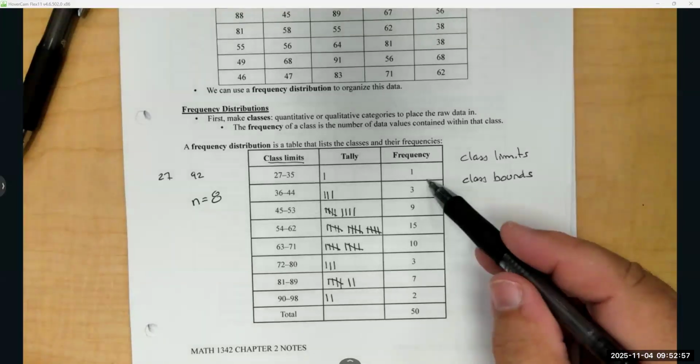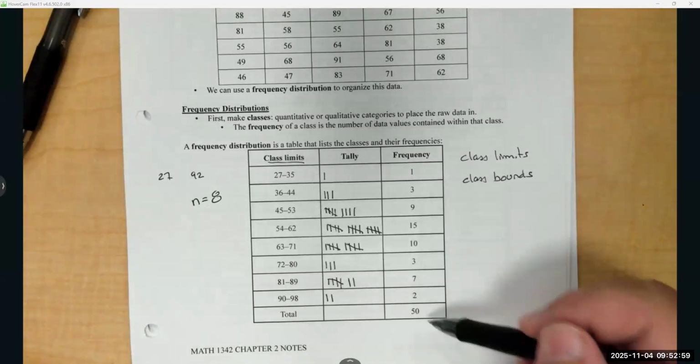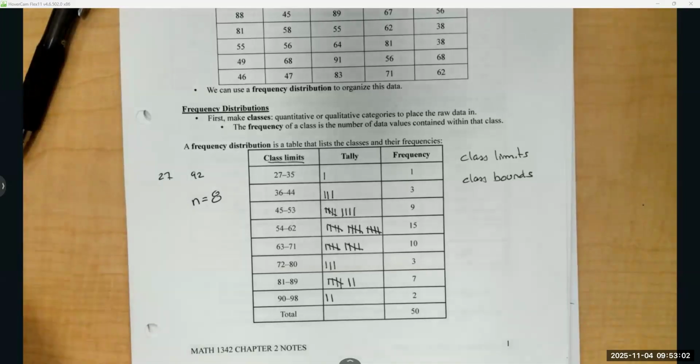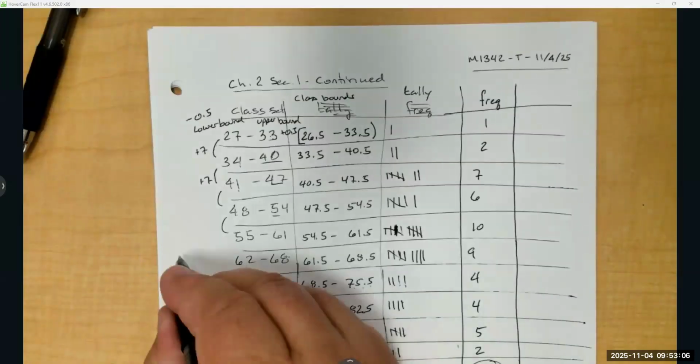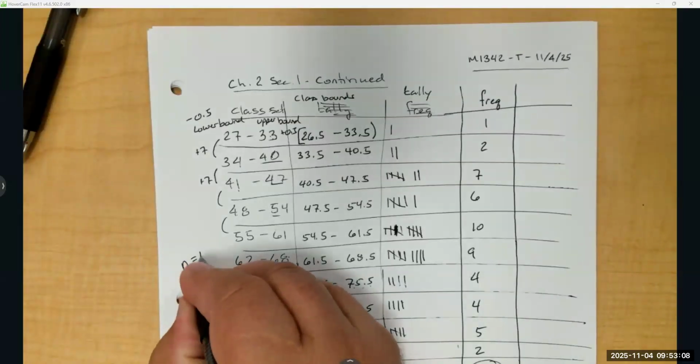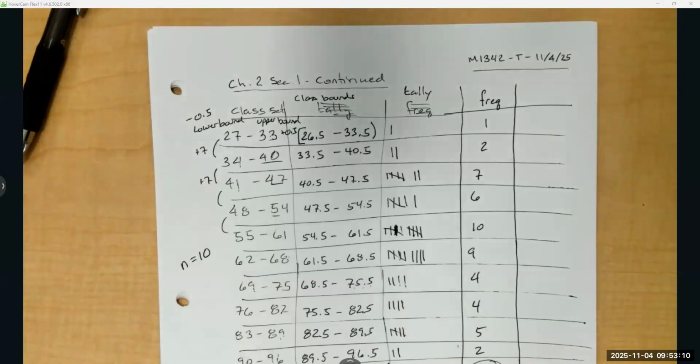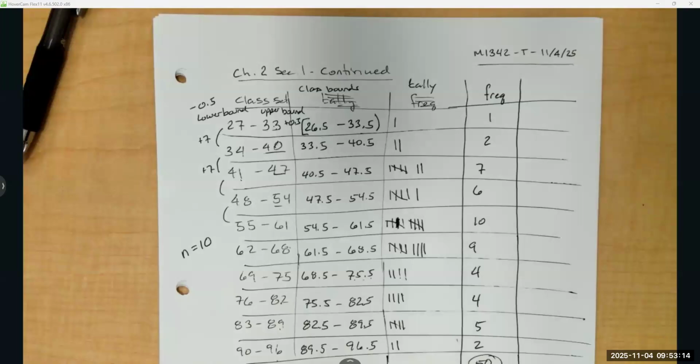So those are the frequencies. Now, our frequency or sample size, or number of intervals, is 10. This is our frequency now. How do we compare those two?